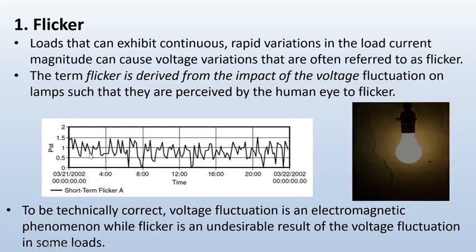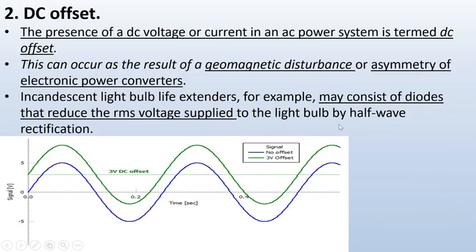Another point is that voltage fluctuation is an electromagnetic phenomenon, but still the flicker is the result of voltage fluctuation in some loads. That means the name flicker is given from the characteristics seen in the incandescent lamp, and that's why we can say voltage fluctuation is the cause.